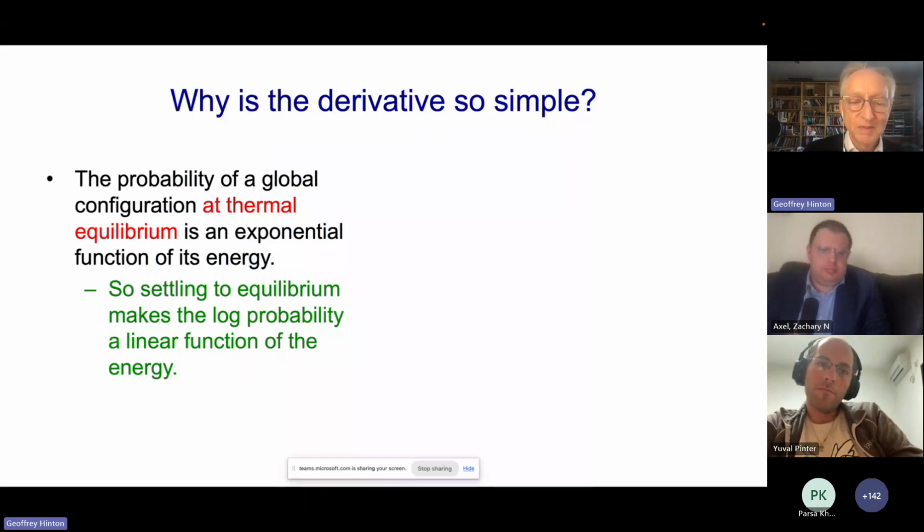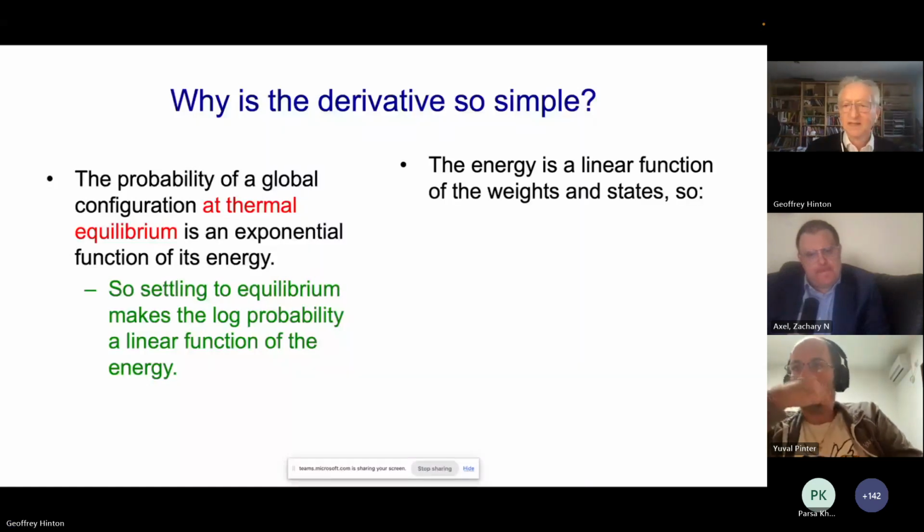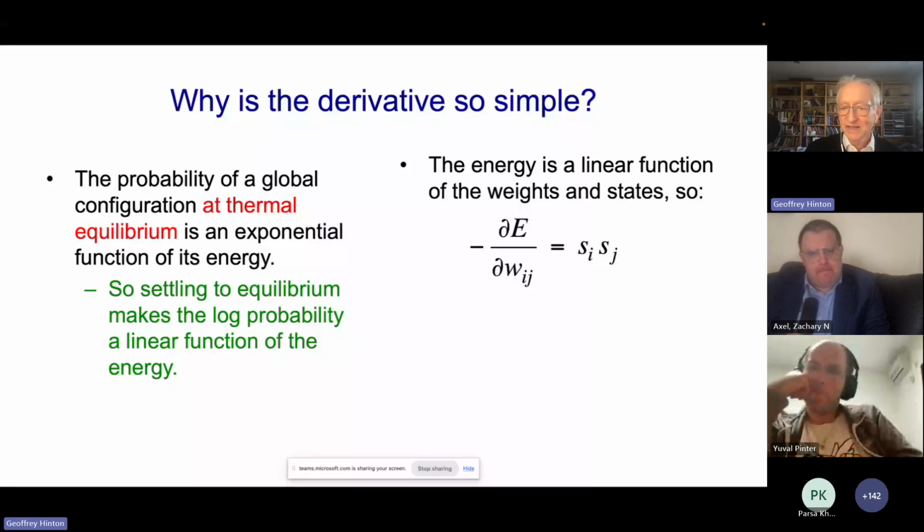To put it another way, the probability is e to the minus the energy. So take logs, the log probability is linear in the energy. And the energy is a linear function of the weights. So if you take the energy, which is SI, SJ, Wij, and you differentiate with respect to Wij, you just get SI, SJ. So the derivative of the energy with respect to a weight is this SI, SJ.